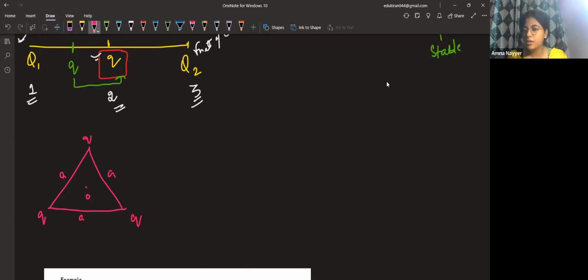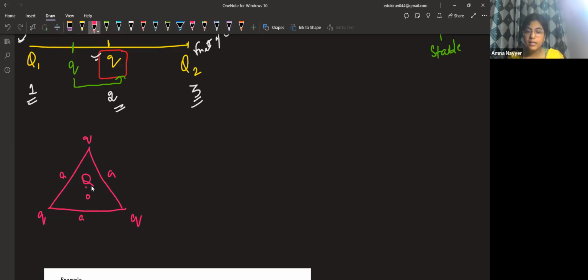What would be the net force, Shahid? 0. 0, right? Net force would be 0. But suppose if I bring a charge plus Q over here, fine, I have brought a charge plus Q over here. So see, in such cases, what will happen? Now your net force won't be 0.